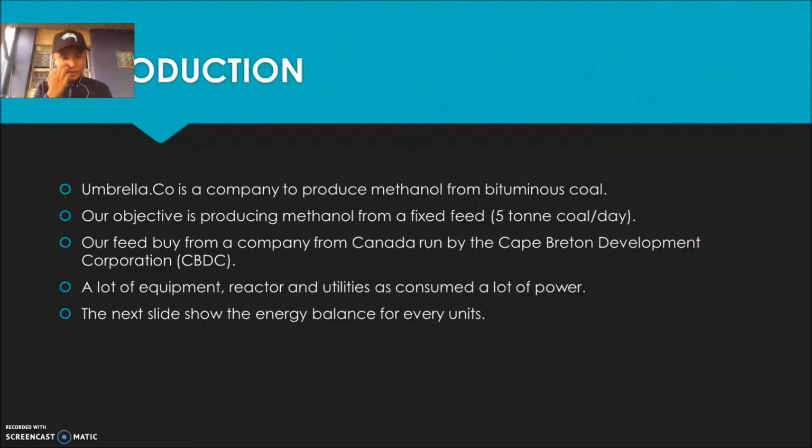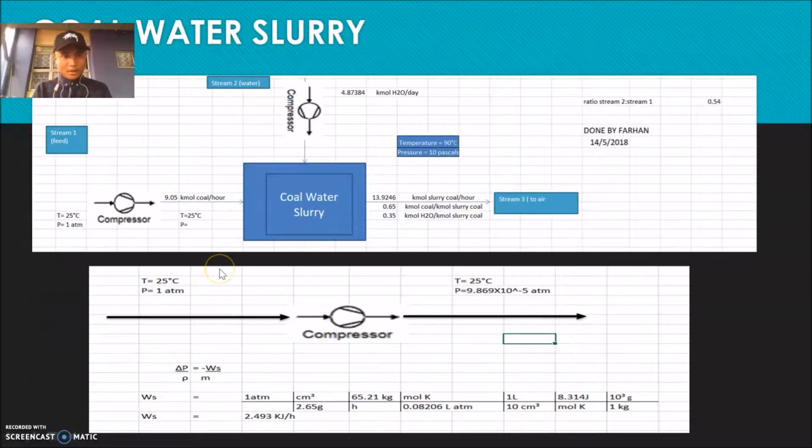The next slide shows the energy balance for every unit. In this coal water slurry, there are three units which have their own energy. One is a compressor, the other one is a compressor to reduce the pressure for the water, and there is a unit for coal water slurry.